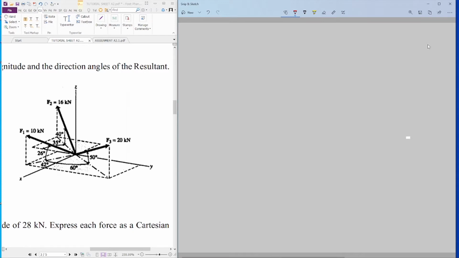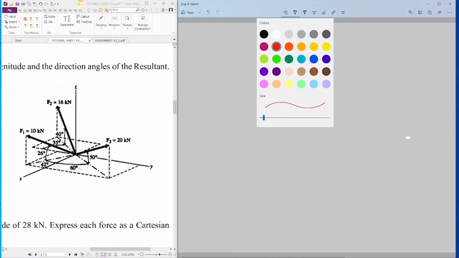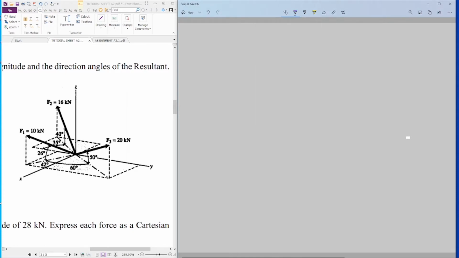So I know that FRx will be equal to, I'll start with F1, which is 10, isn't it? And then I need the X component. So I need to find F1 prime first by saying F1 prime is equal to F1 cos 26.